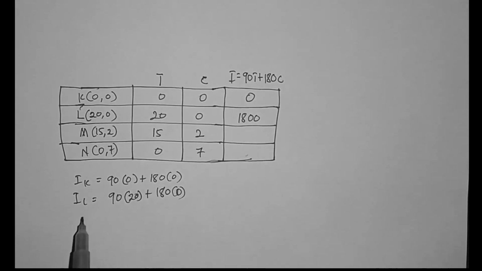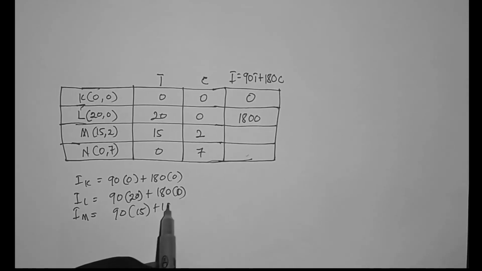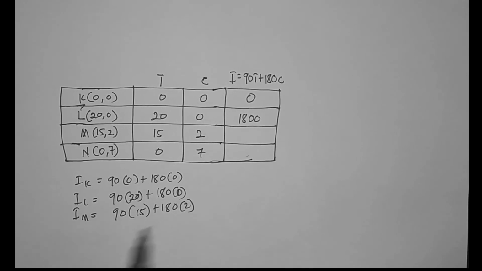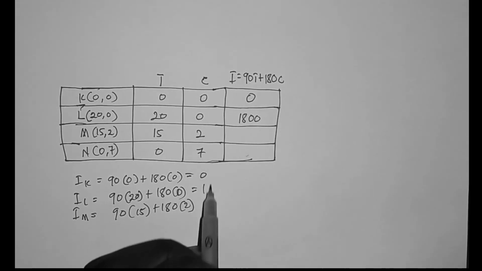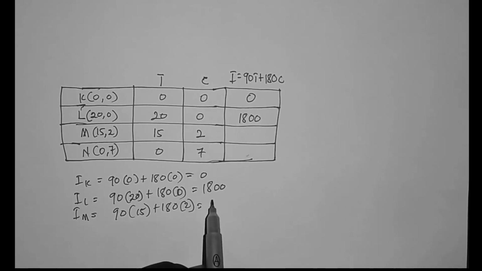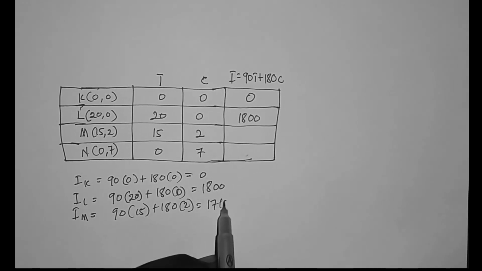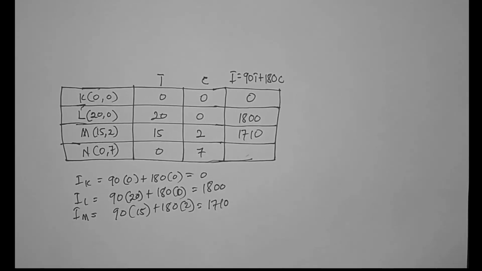Then I of M equals 90 times 15 plus 180 times 2. So I of K is 0, I of L is 1800, all in dollars, and this one is $1,710. So this is $1,710.